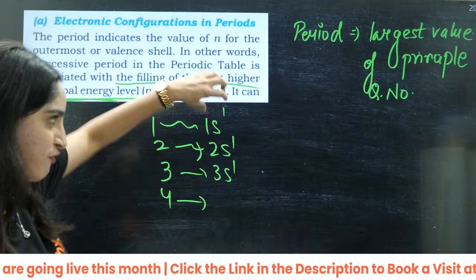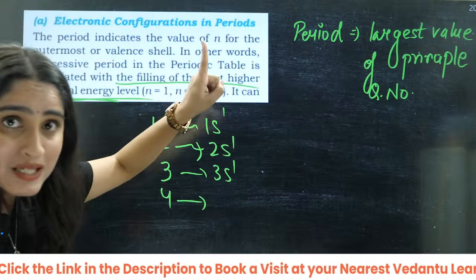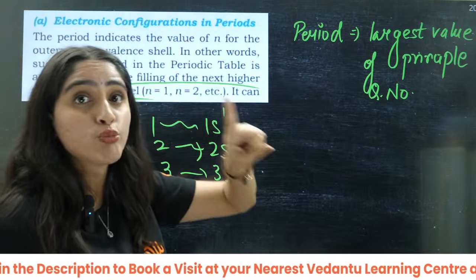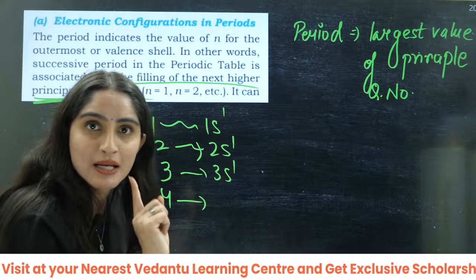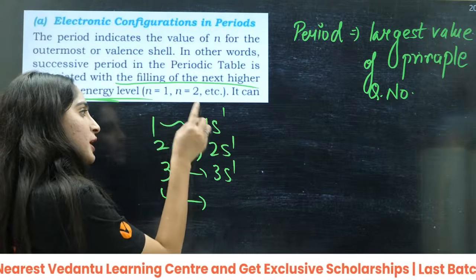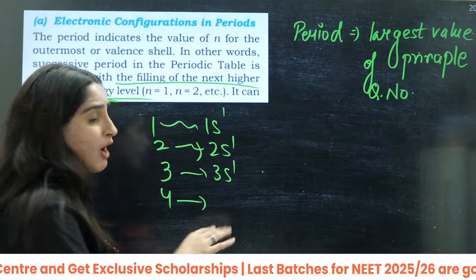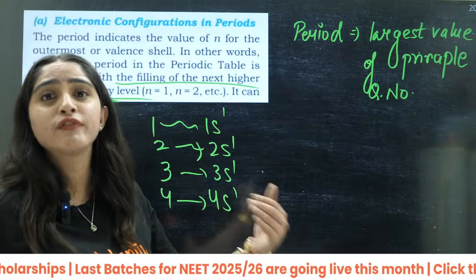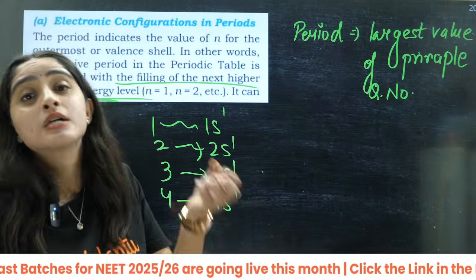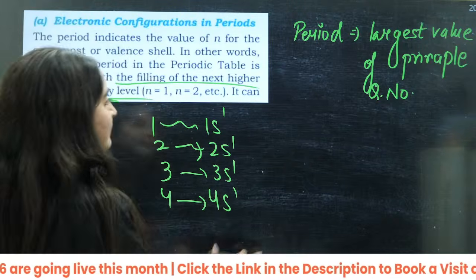This is one group. Because the group is the same, the number of outermost electrons is the same, but the principal quantum number is not the same. So first period you have 1s1, second you have 2s1, third 3s1, fourth 4s1, and so on. 5 will have 5s1, 6 will have 6s1, 7 will have 7s1, right? Like that it will be.